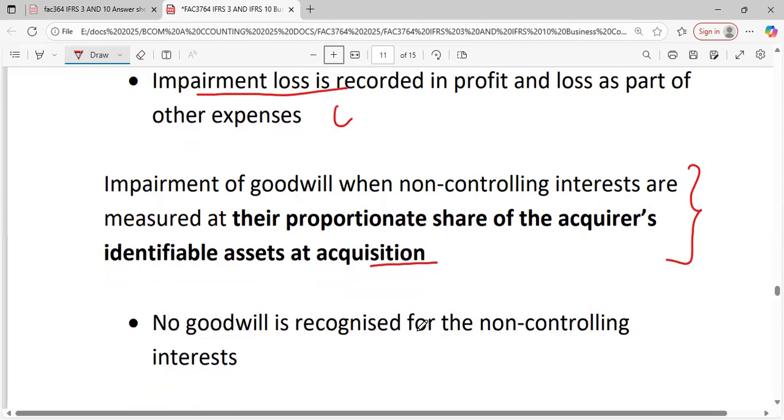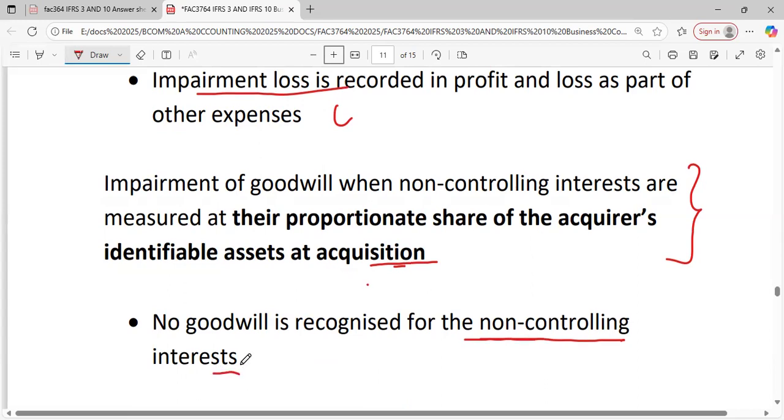We are not going to have goodwill for the non-controlling interest here. So even when you impair the goodwill, you are only going to impair the goodwill for the parent. Because remember we say when we are measuring our non-controlling interest at their proportionate share of the acquirer's identifiable assets, we only have goodwill for the parent. So which means there is no goodwill for non-controlling interest.